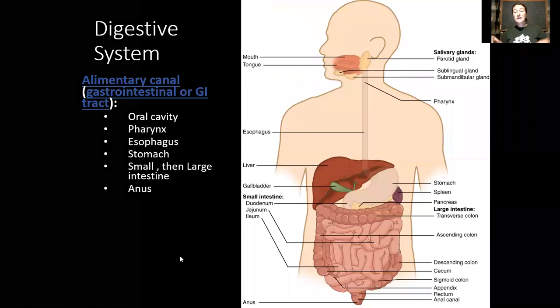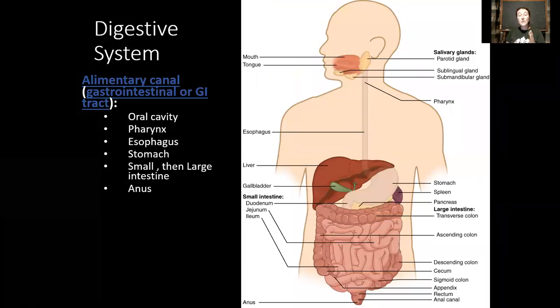Okay, so the digestive system is essentially one continuous tube all the way from mouth to anus. It is highly specialized, and one of the main modifications or adaptations present within this long tube is the need for an increase in surface area.